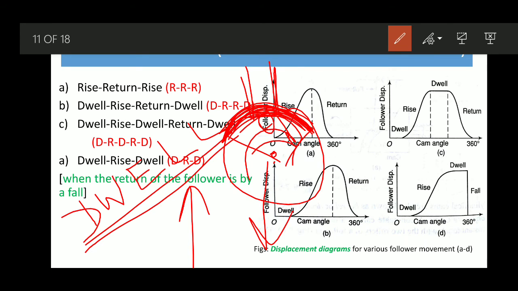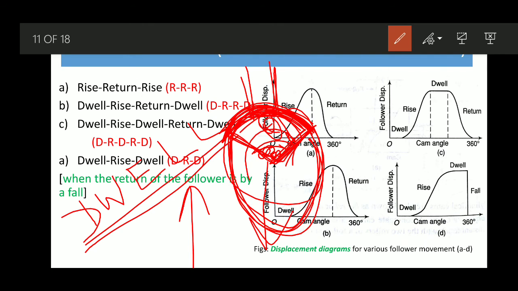So if we consider this particular cam, suppose this is the shape and this is the center, for this particular angle theta it is a constant radius. Here the radius is changing from this point.